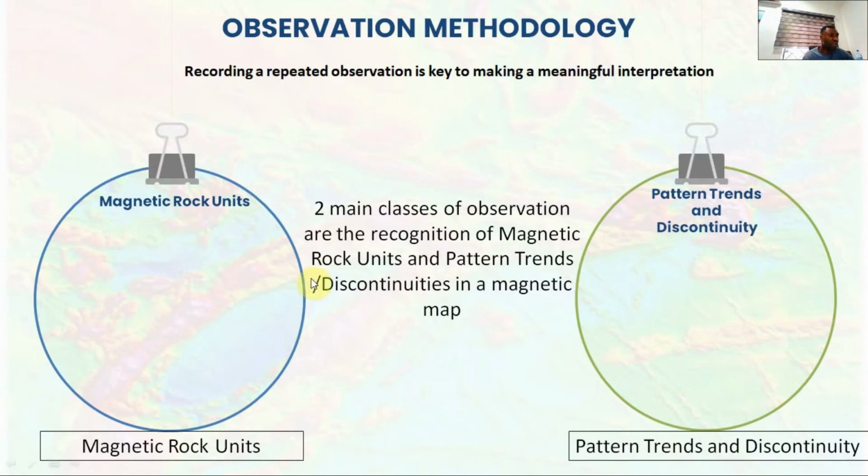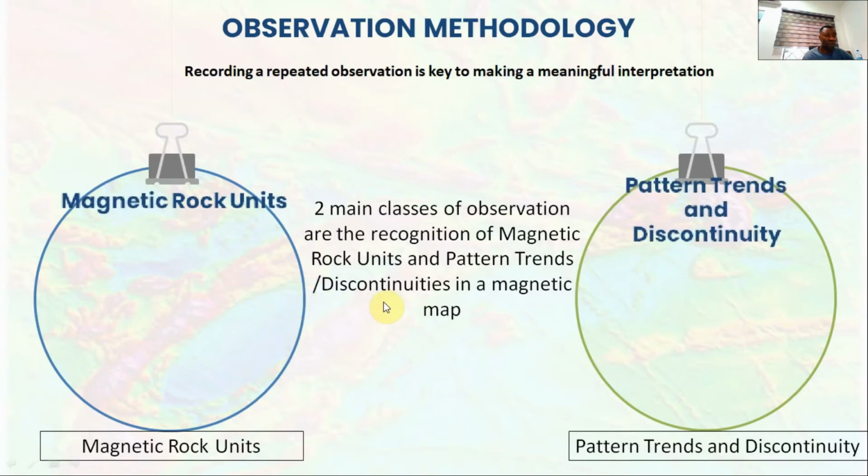The first is the magnetic rock units, and the second is the pattern trends and discontinuities. Magnetic rock units are the basic building blocks of our interpretation, while the pattern trends will guide our thinking on how these building blocks are linked.